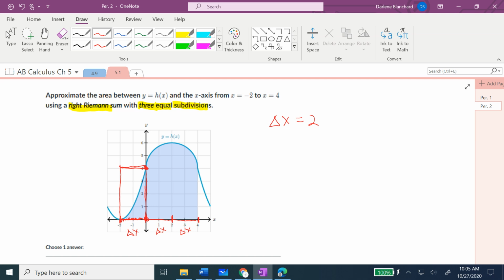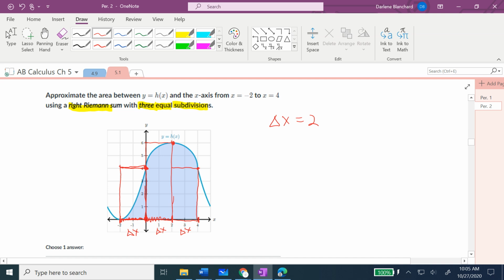Look at it. No one would approximate area. Not this figure, not there. But it's not too bad if you go to the next couple of subintervals. So subinterval number 2, the rightmost x coordinate is 2. Plug it into the function and call that the height of the rectangle from 0 to 2. And then again from 2 to 4, take the rightmost x coordinate and call that the area.